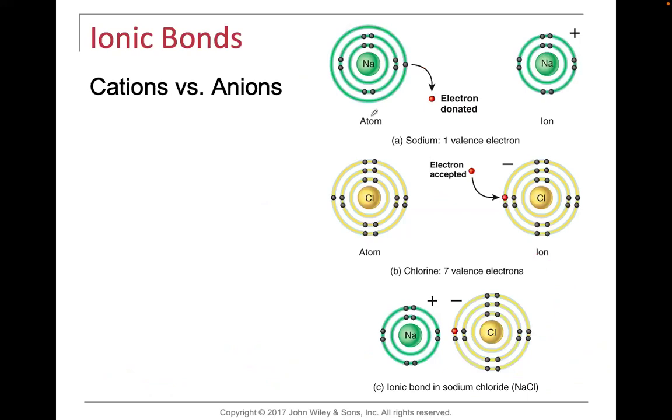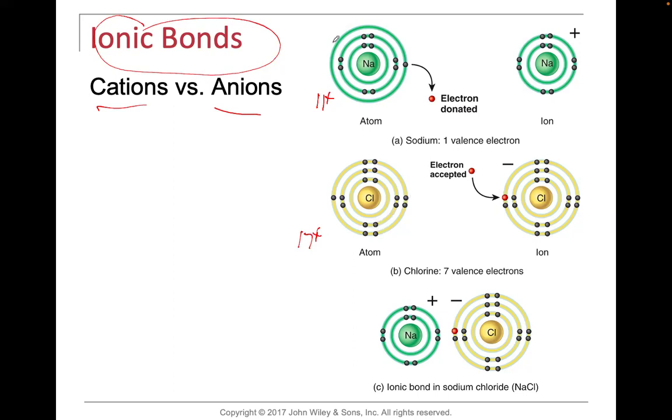So now let's look at cations versus anions and ionic bonds. What we're looking at is sodium, and sodium has 11 protons, which means it's going to have 11 electrons, and chlorine should have 17 protons, which means we need 17 electrons.